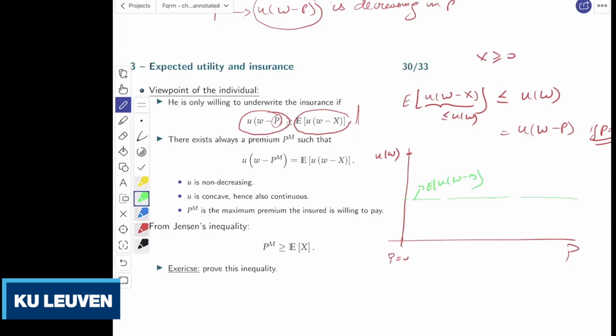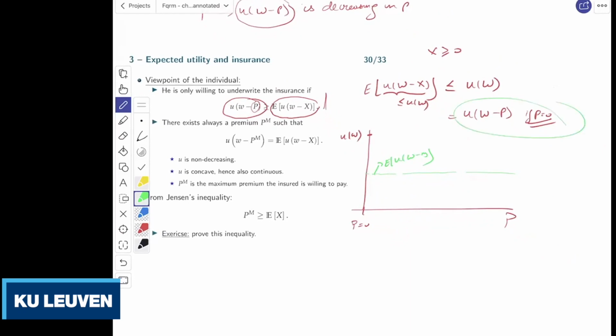I know that if P is 0, U(W) will be above this green line, because that's what we just showed, is that in case P is 0, you always take insurance. Right? So U(W) is always larger than expected utility, that we know. And your line here, which when I plot this line here, which is the blue line, is U(W minus P), this blue line will decrease.